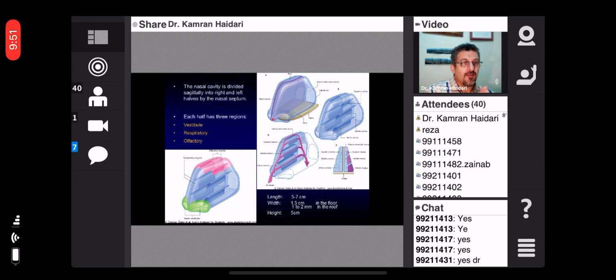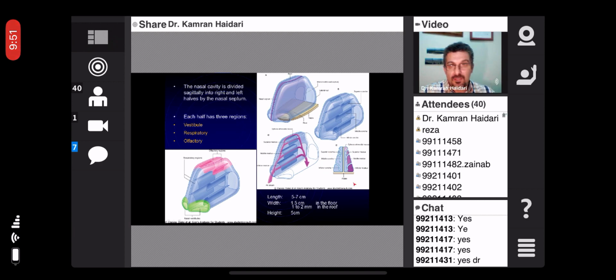In this picture, last time I showed you this simple picture. The pink partition is the nasal septum. Nasal septum is considered as the medial wall for each half of the nasal cavity.